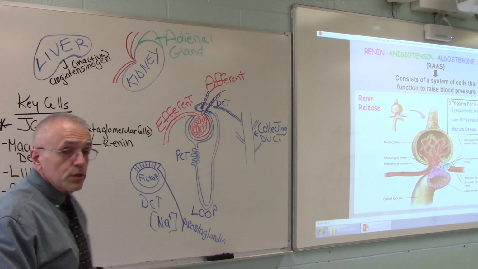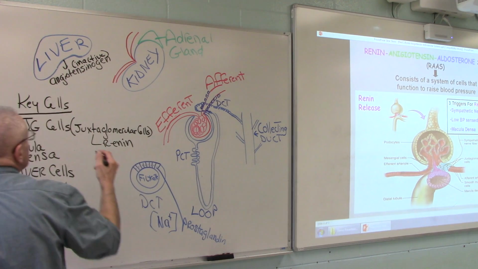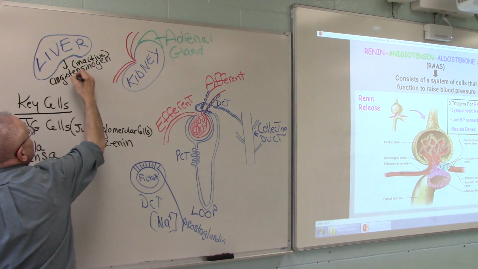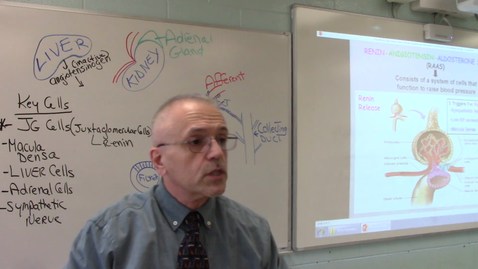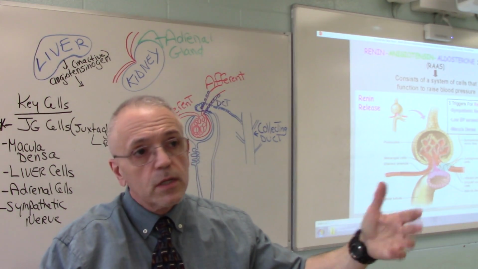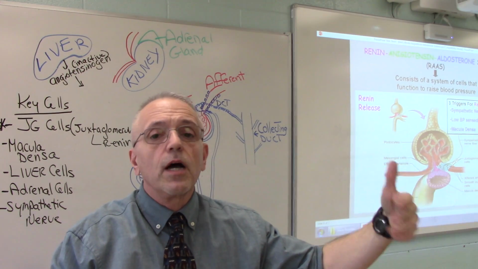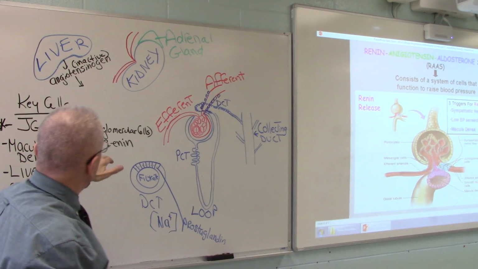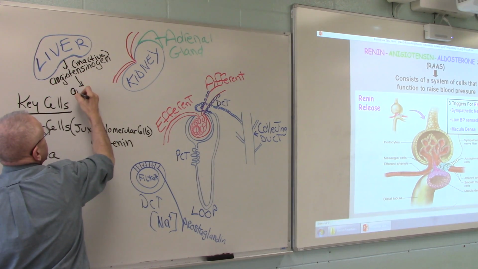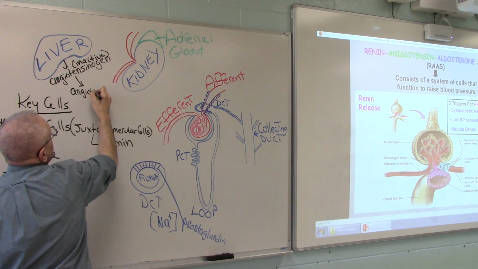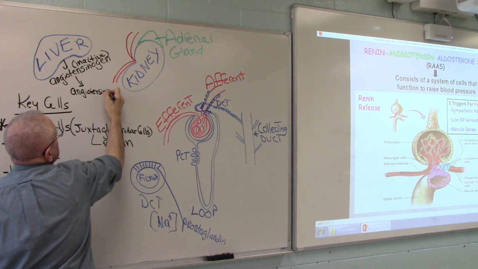Once renin is produced, it's going to circulate, and whenever it meets up with an angiotensinogen, which is constantly being produced by the liver and is in constant supply within the circulation, it's going to form something called angiotensin-1.